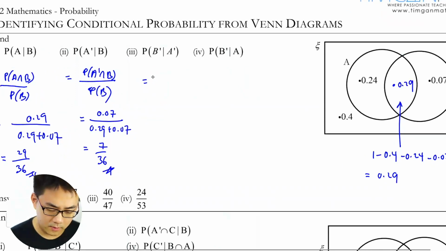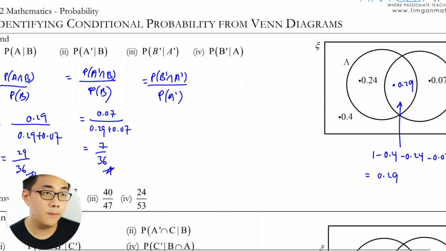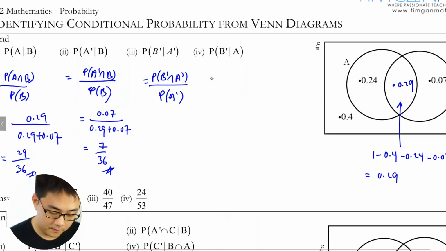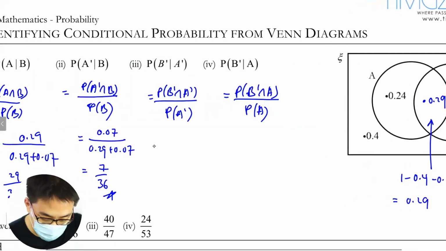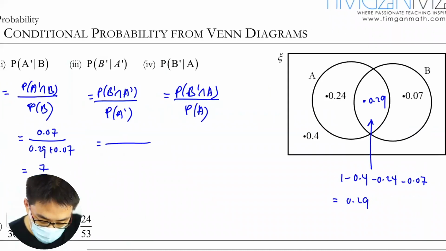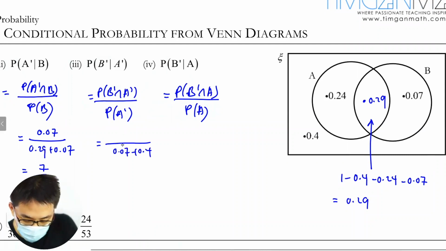This would be A prime would be B prime intersect A prime.